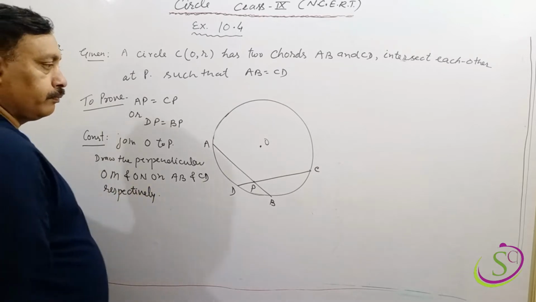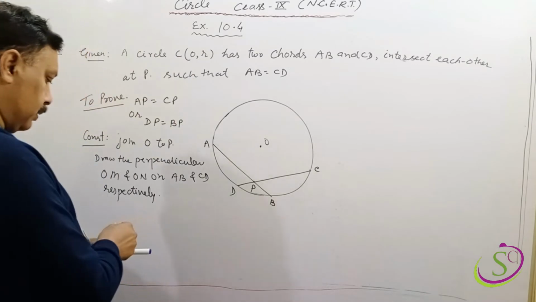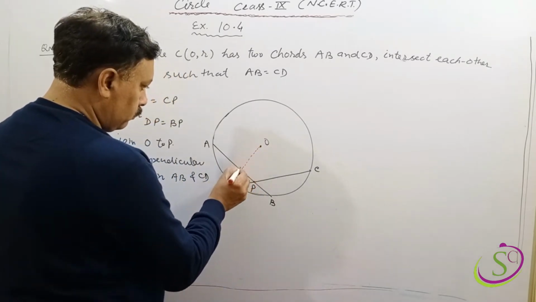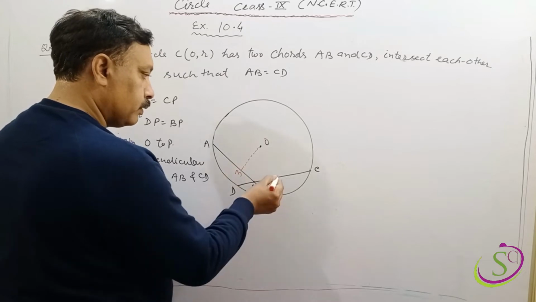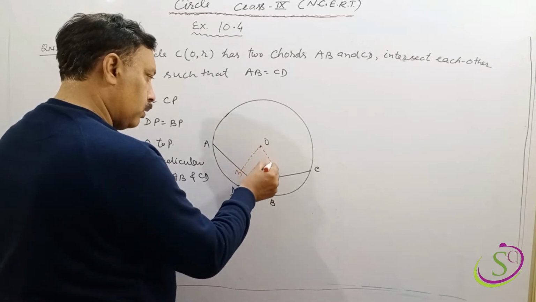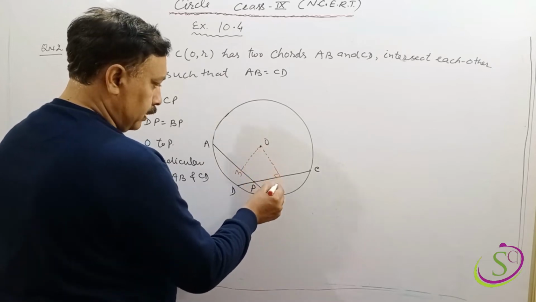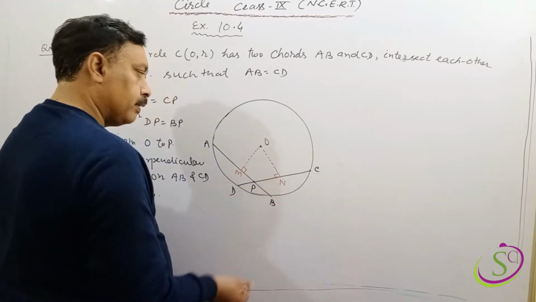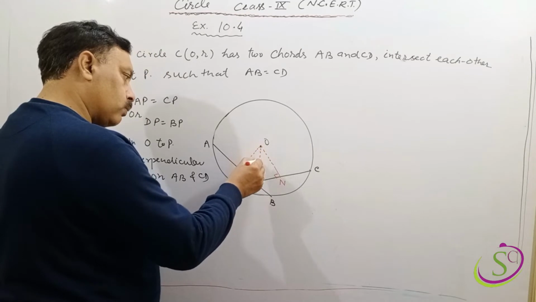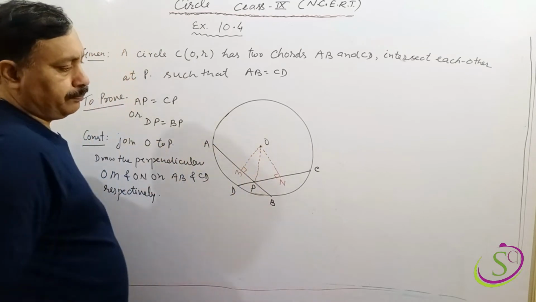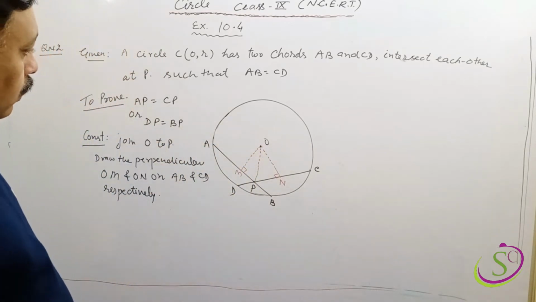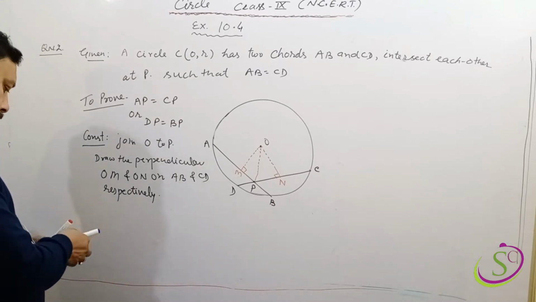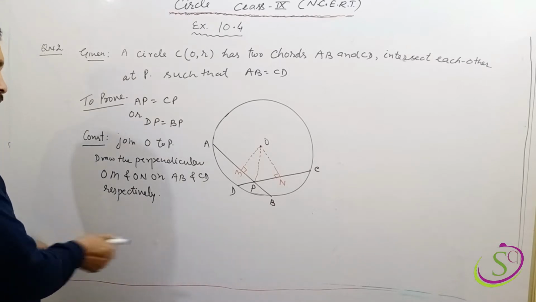Clear? So the perpendicular to AB is OM, and the perpendicular to CD is ON. Clear? And join O to P. So here two right angle triangles are formed.